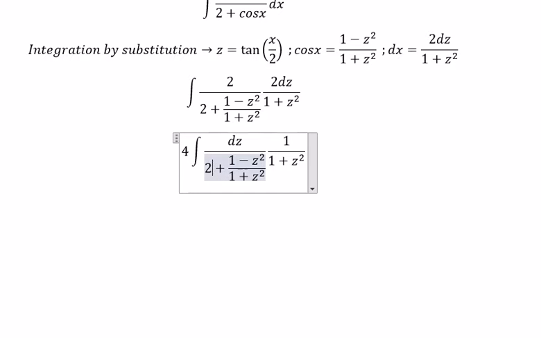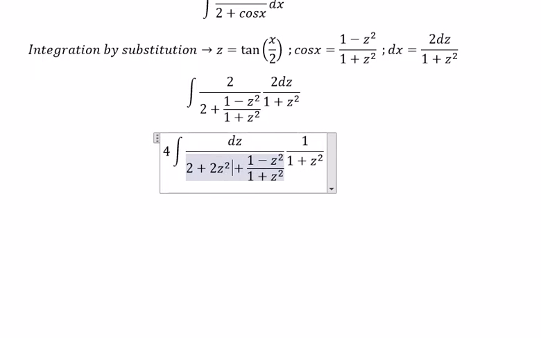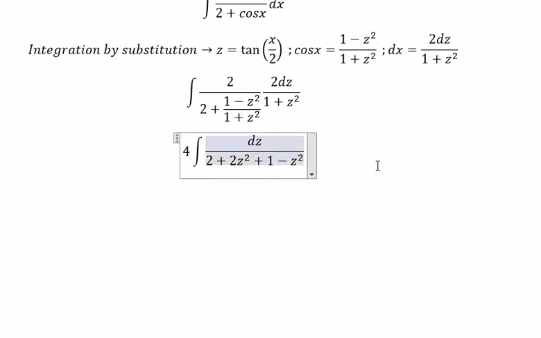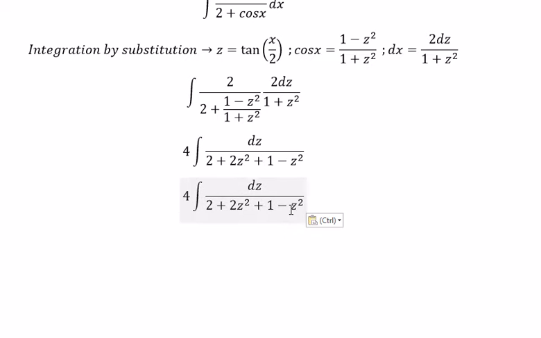So you get 2 plus 2z square, and we have 1 minus z square. Next, this one that we cancel. 2 plus 1 is number 3.